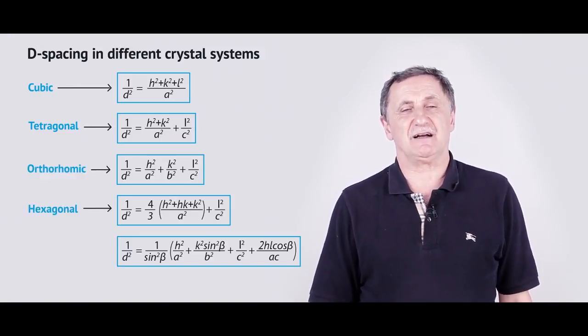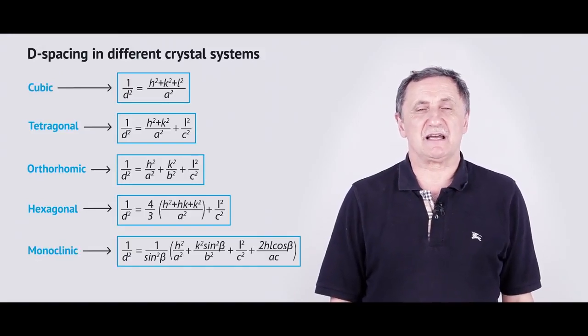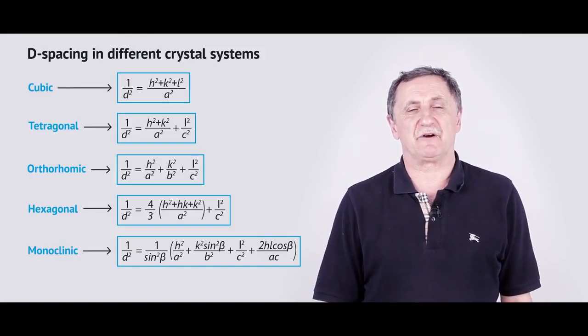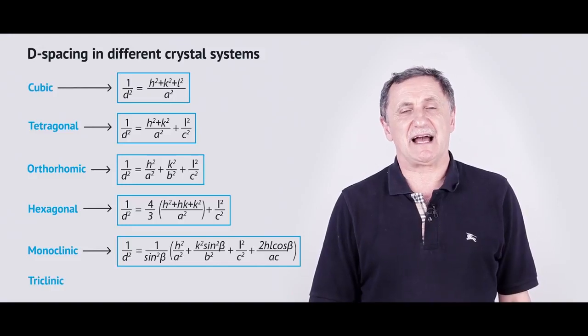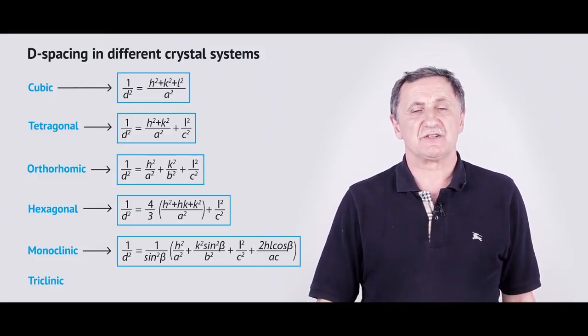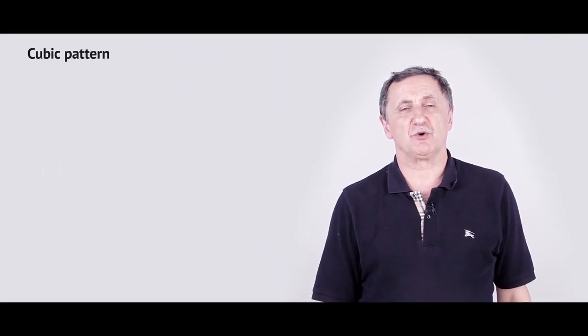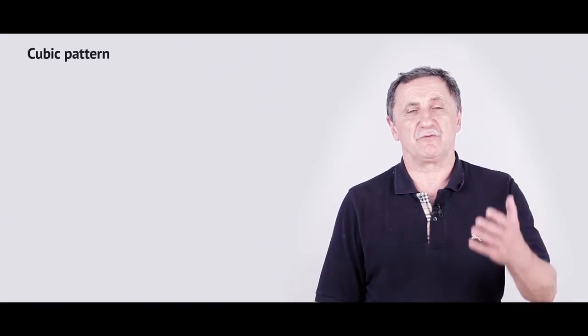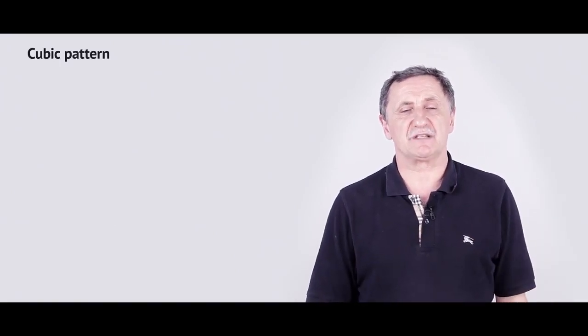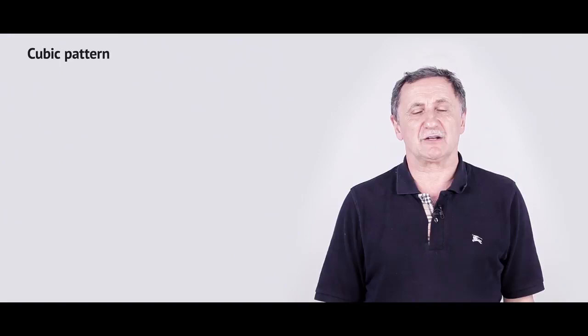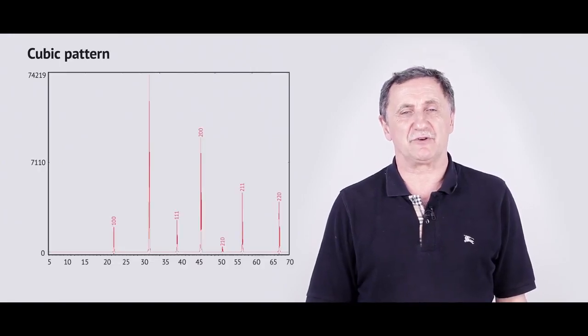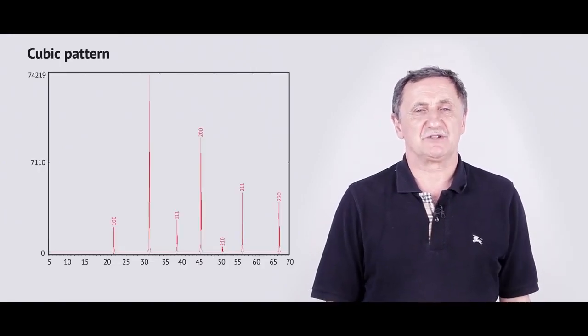Based on some knowledge, you first have to decide to which HKL planes this or the other peak corresponds, and then, knowing the formula and of course the wavelength of the X-ray used, you can calculate the crystal parameters of your material. And that's just a formula.